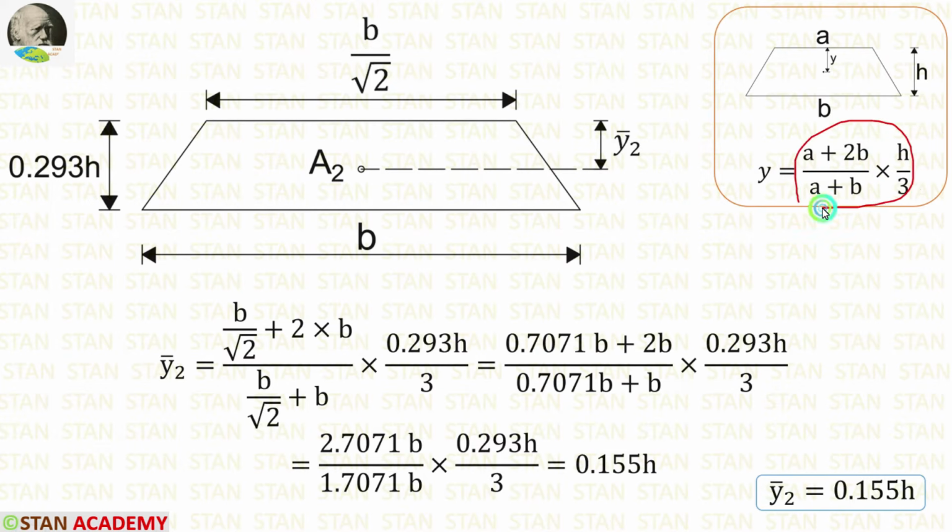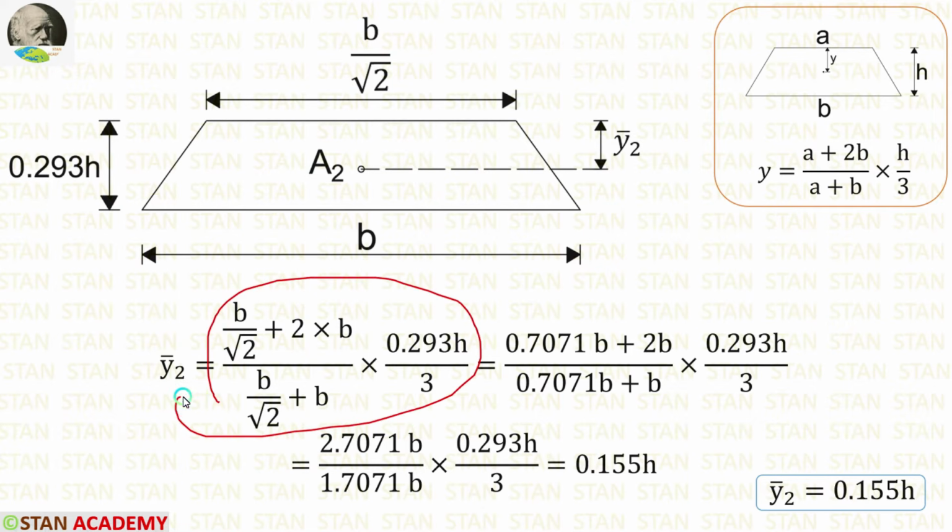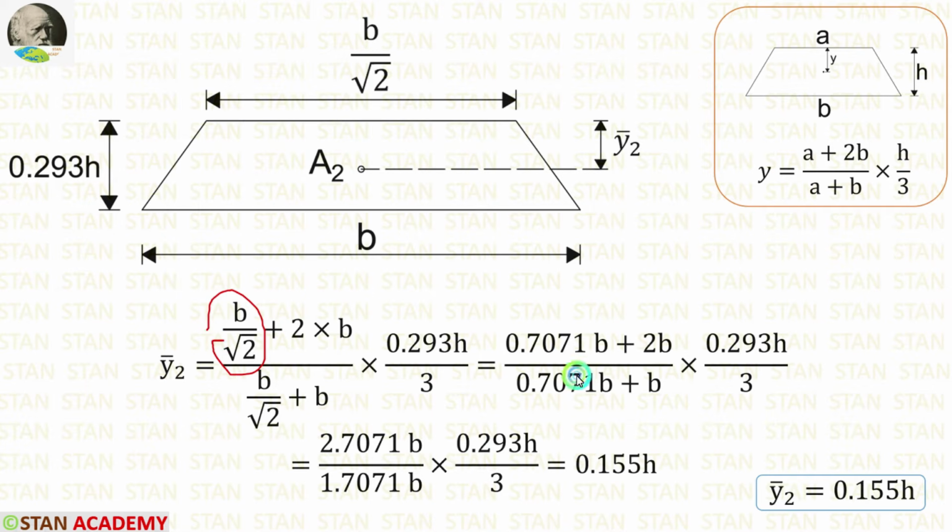In this formula, we can apply the values. Here A is equal to b by root 2, B is equal to b, h is equal to 0.293h. We can apply all of the values. Here 1 by root 2 is equal to 0.7071b.